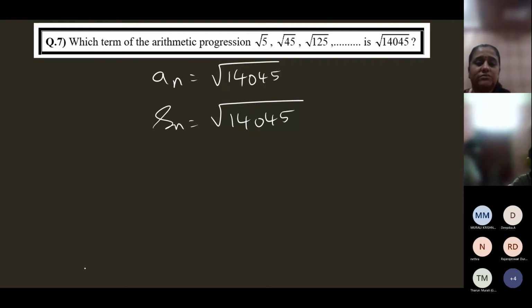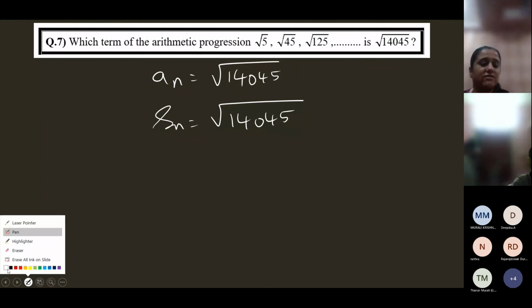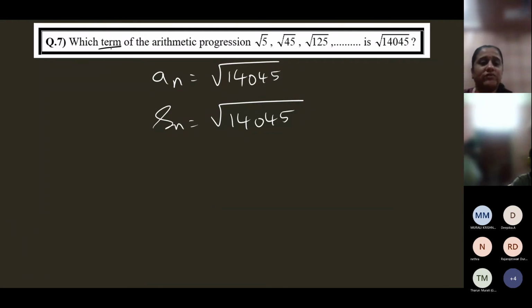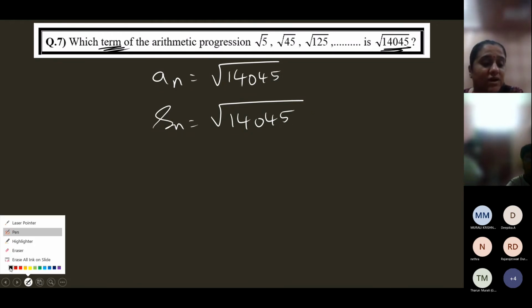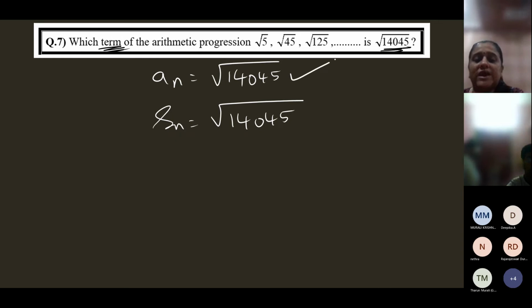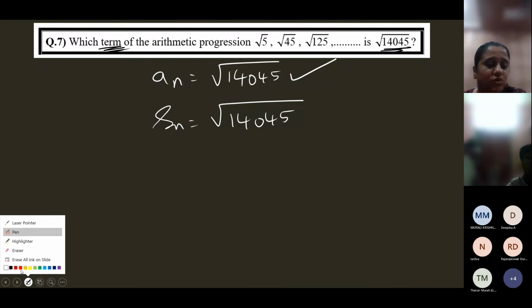Which term? Which term meaning first term, second term, third term, fourth term? We don't know. So nth term. So an, some term of the AP, is square root of 14,045. So an is equal to square root of 14,045. So you should work with this.